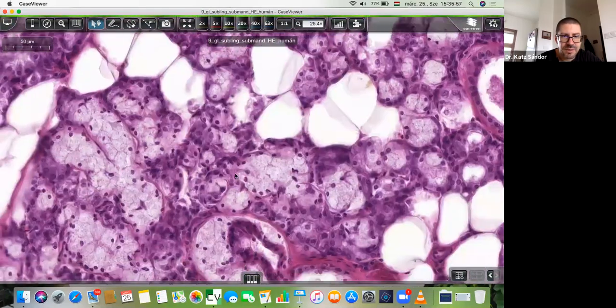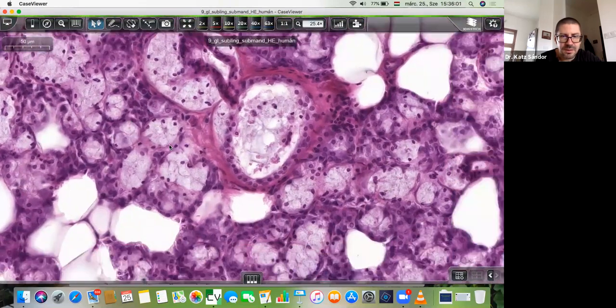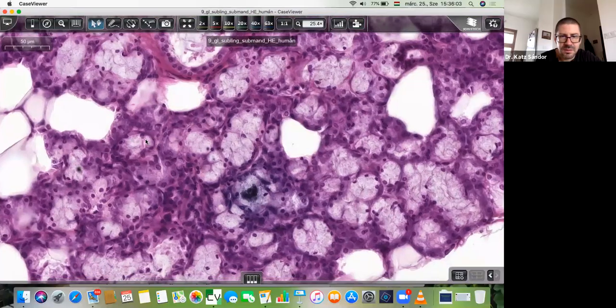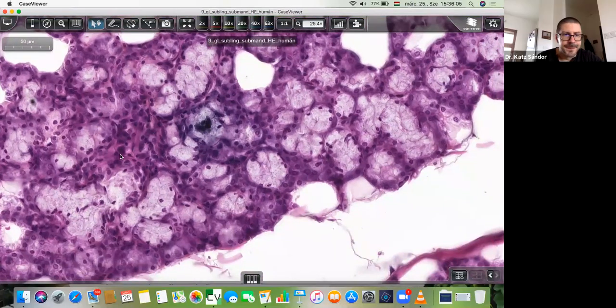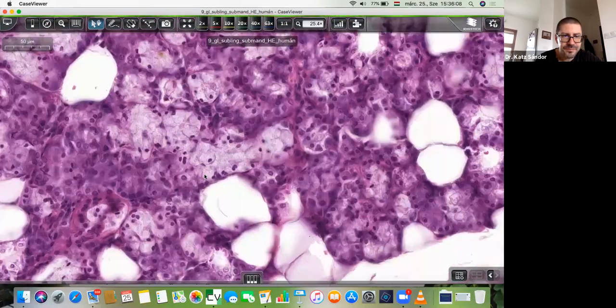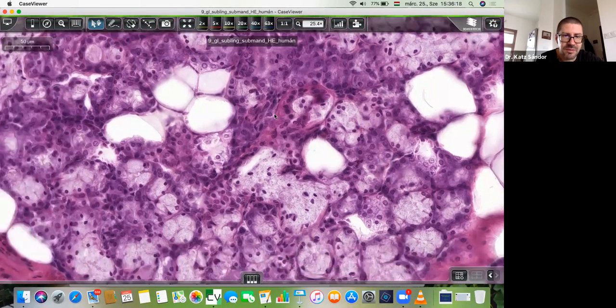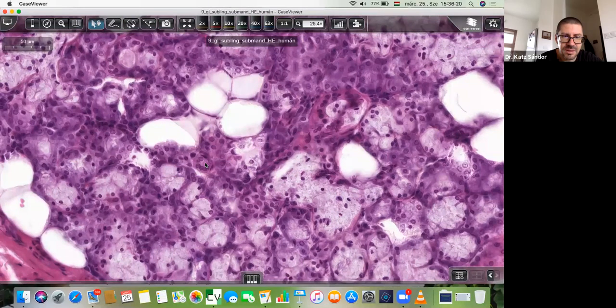Try to find an intercalated duct. It's definitely a striated duct. This is a striated duct, but here we have an intercalated one.